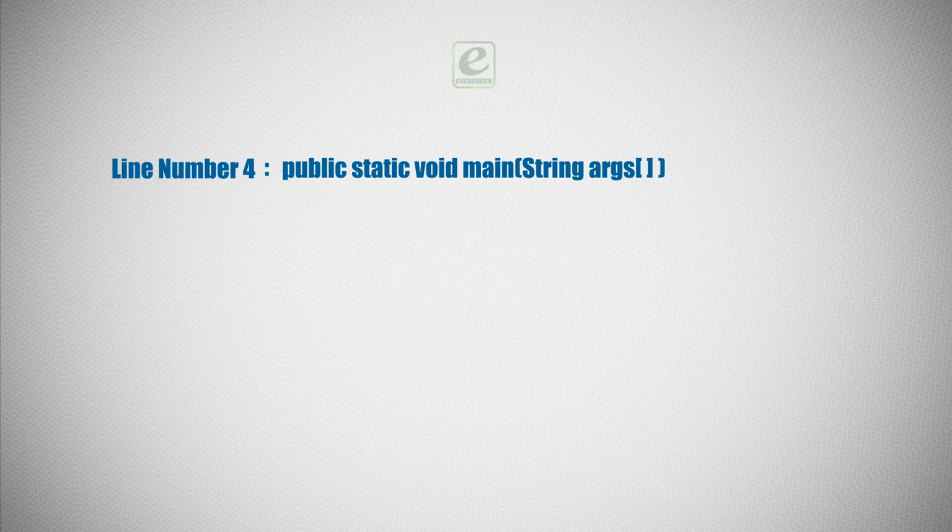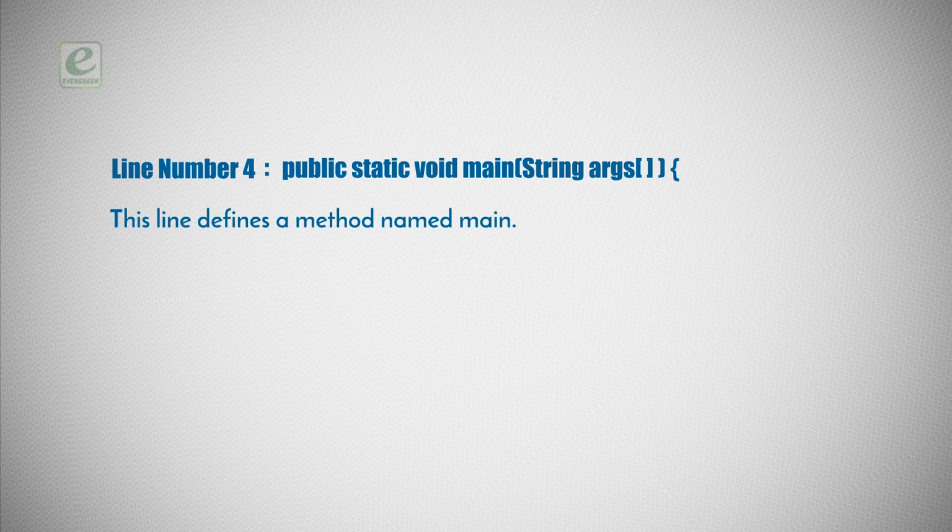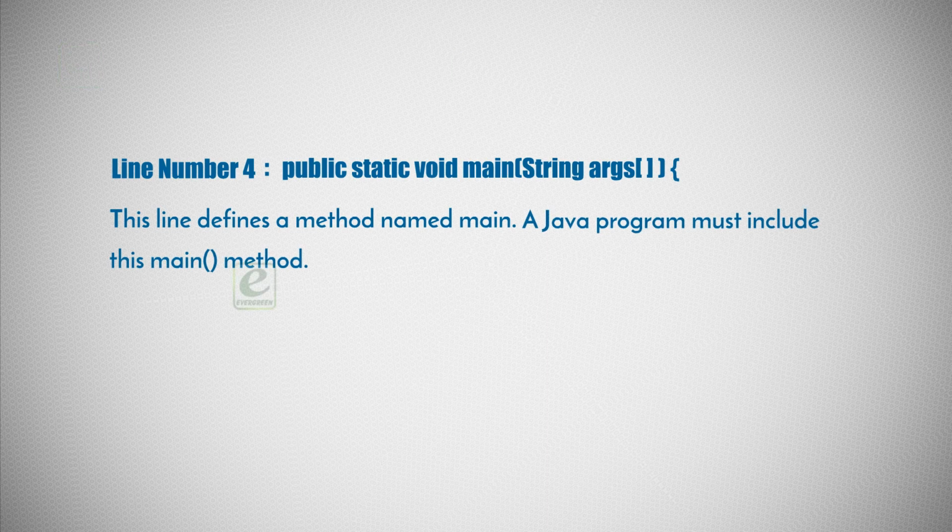Line number 4. Public static void main (String args[]) curly brace open. This line defines a method named main. A Java program includes this main() method.